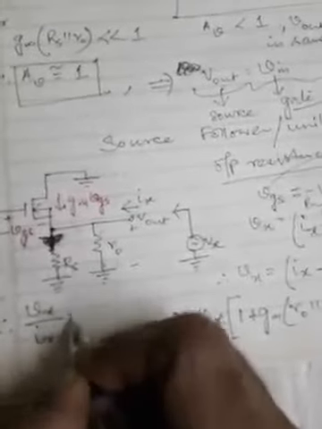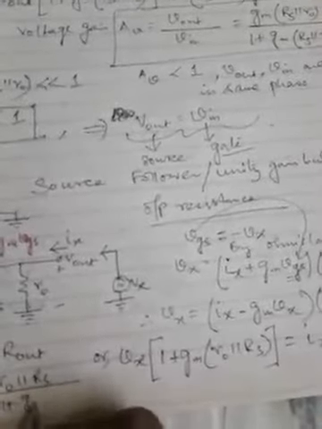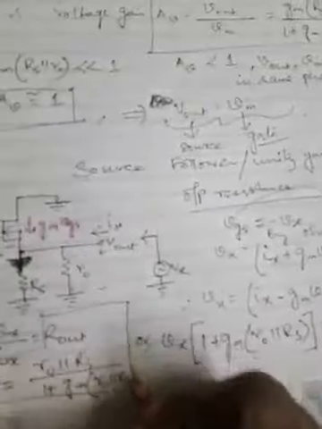So from here we can find Vx by Ix, which is nothing but Rout, the output resistance, equal to Ro parallel with Rs divided by 1 plus gm into Ro parallel with Rs. So this is the expression for output resistance in case of the common drain MOS amplifier.